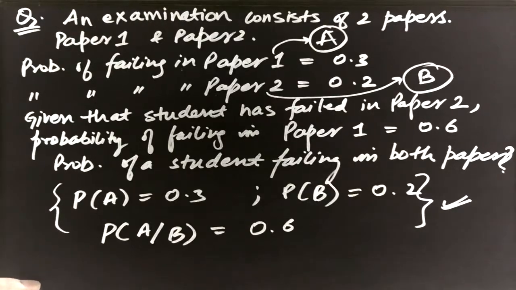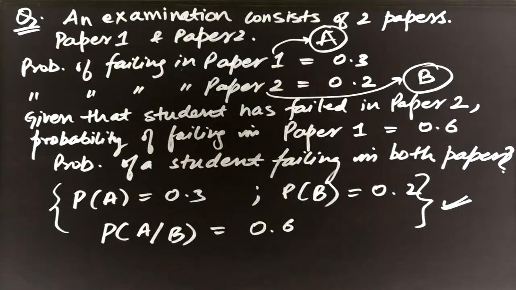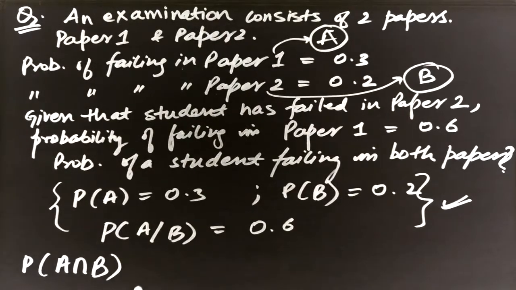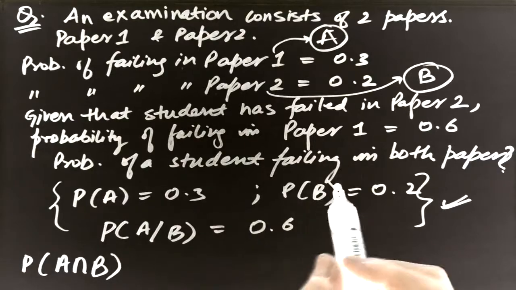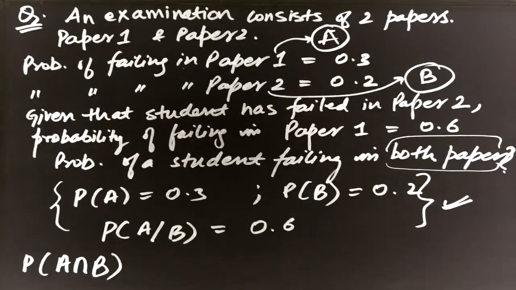These things are given to us. What we have to find is the probability of A intersection B, because we have to find the probability of the student failing in both papers.